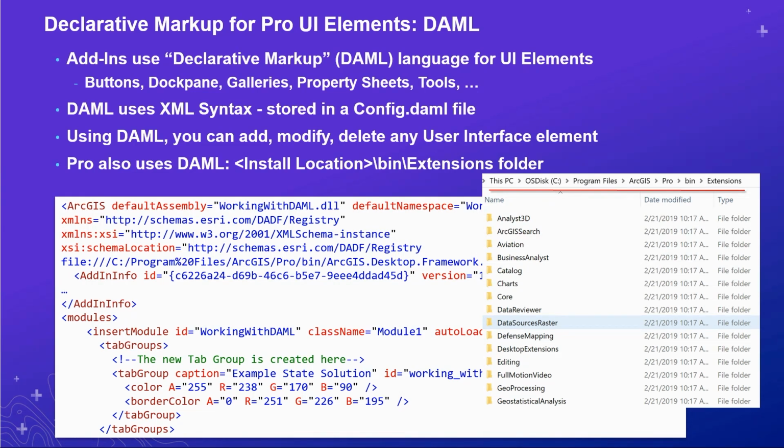Your add-in, for example, could create a dock pane, a new tab on Pro's ribbon with a group that hosts a collection of controls such as buttons, tools, galleries, etc. All these UI elements are defined in your config.daml file. An important thing I want to mention here is that the DAML can be used to make additions, modifications, and deletions to the Pro UI. Pro also uses DAML to define its UI elements. Pro's DAML files are located in the bin extensions subfolder in the Pro install location.